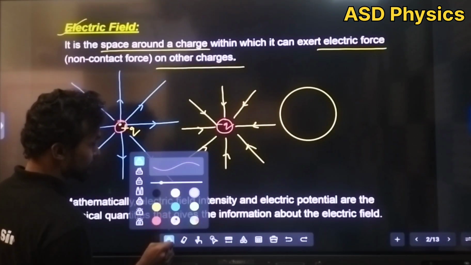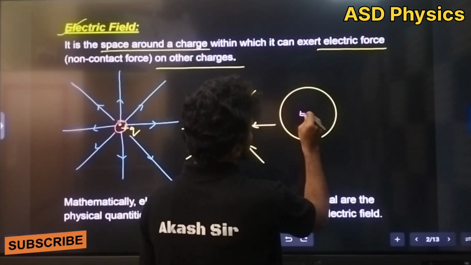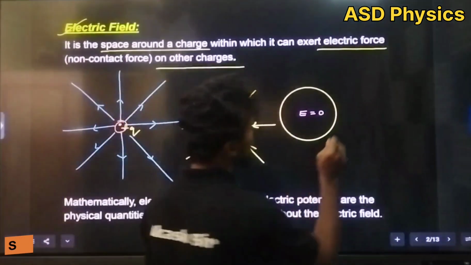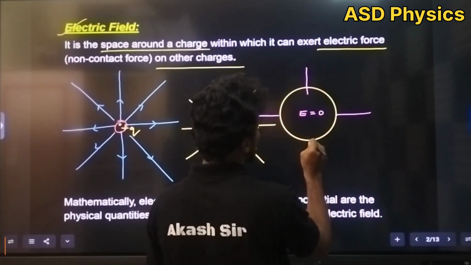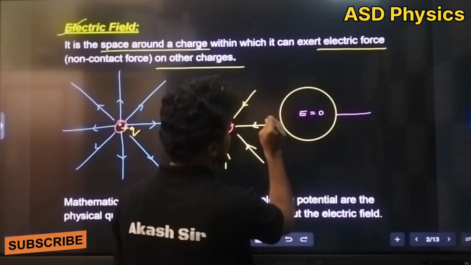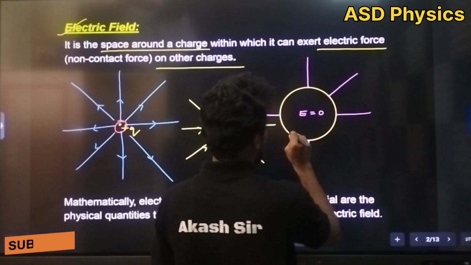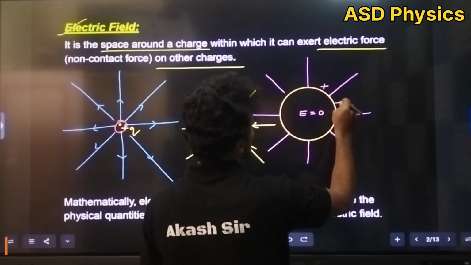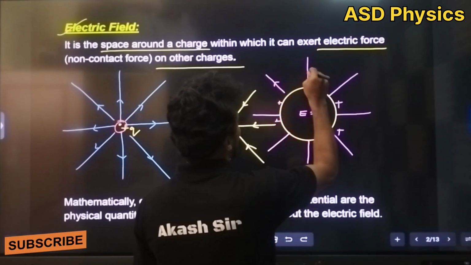If we have an isolated conductor here, remember that inside the conductor, the electric field will always be 0. If we draw the electric field lines due to the conductor like this, inside the conductor electric field lines will not be there. If this conductor is positively charged, then the electric field lines will be outward, like this.